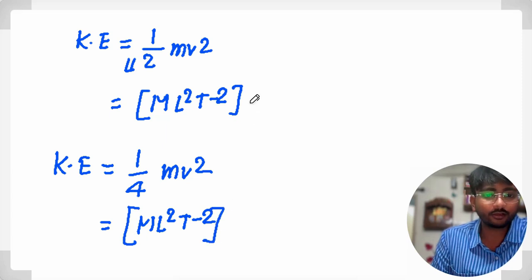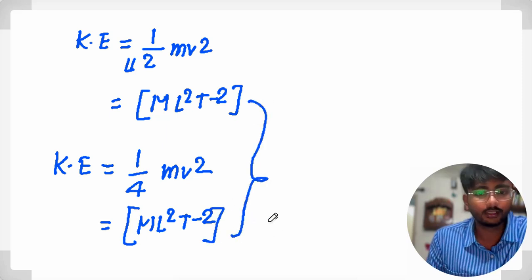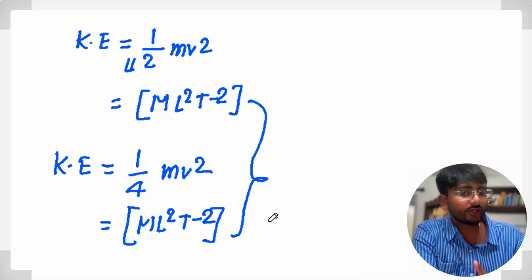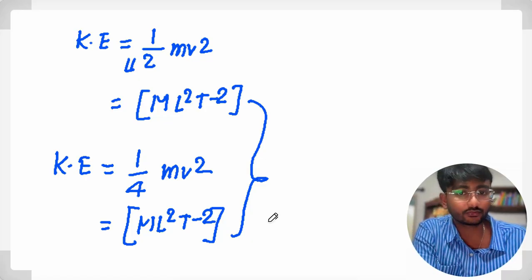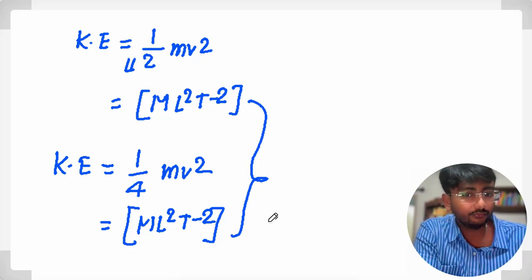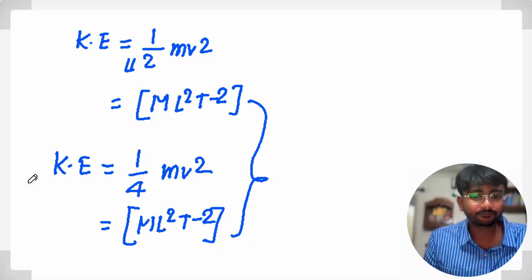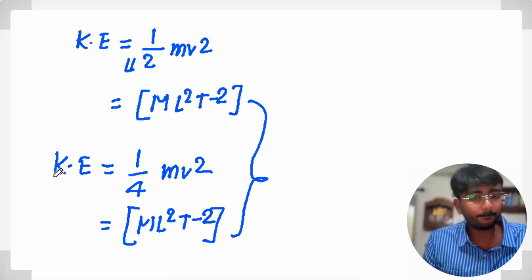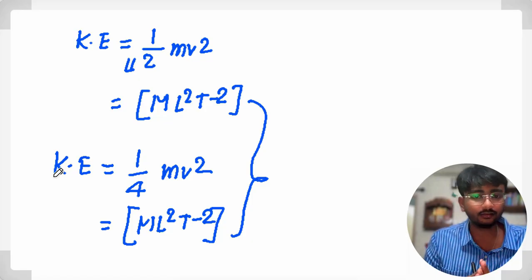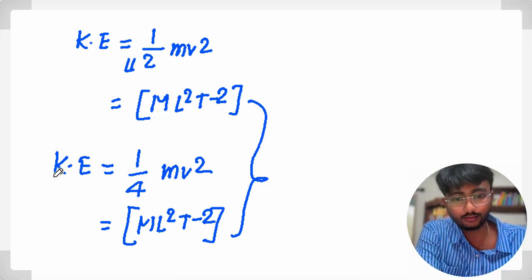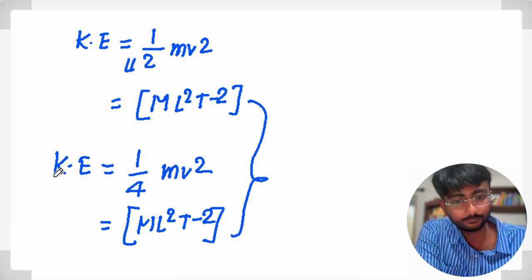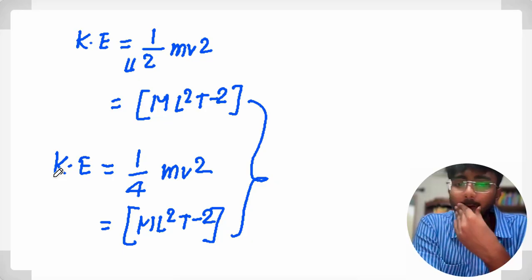See, here you can see the dimension of these two equations is the same, but the second equation is incorrect because kinetic energy equal to half mv square. So here you can say that by just checking dimension, you can't say that an equation is correct, right? We have understood that, hope, right?